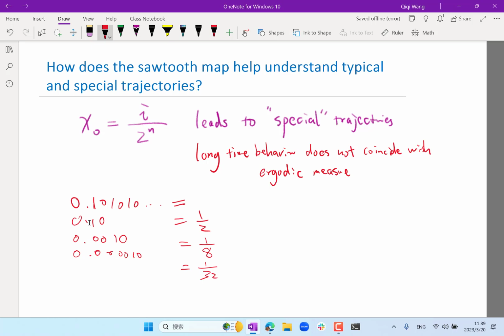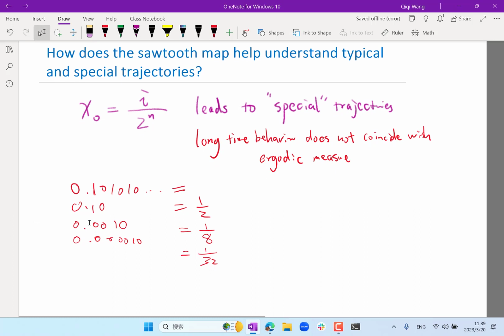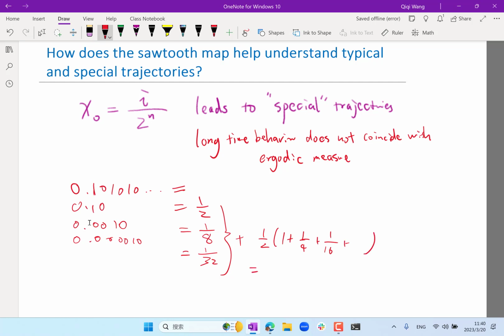So basically you have the sum of these. The sum of these would be what? Half of 1 plus a fourth plus a sixteenth plus etc. Somebody do the math. 2/3, yes.